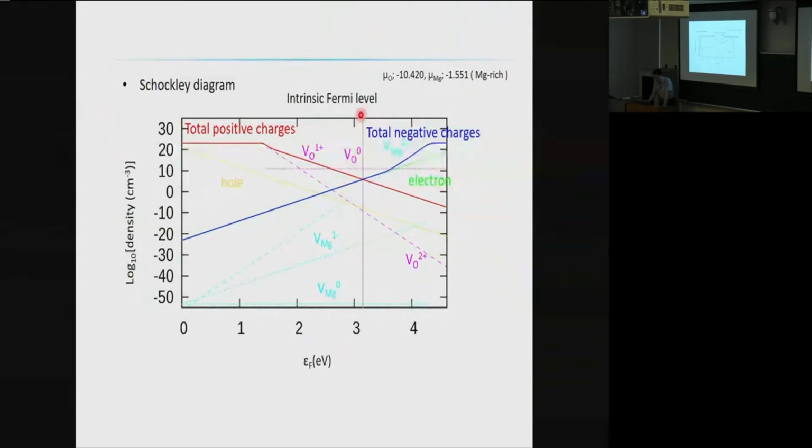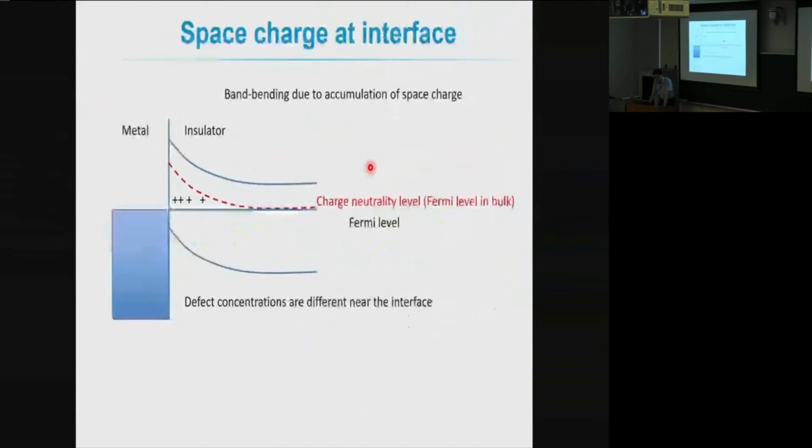Or when the Fermi level goes higher, electrons will be accumulated. So this diagram gives you the amount of charge that develops when the Fermi level is away from the intrinsic level, and by combining this with the electrostatic Poisson equation, you can calculate the band bending very accurately.